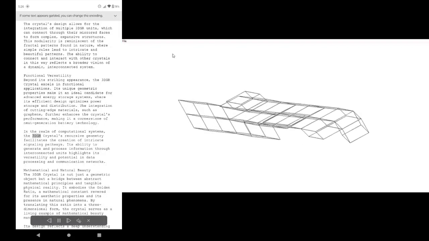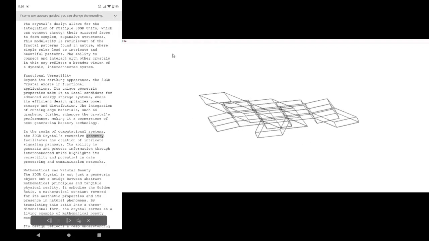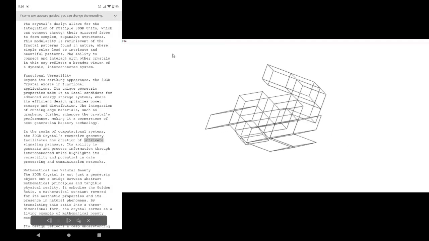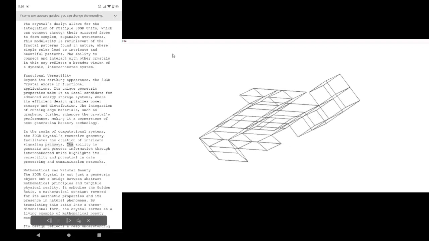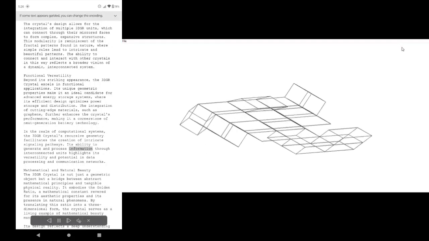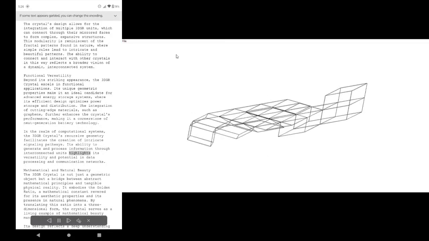In the realm of computational systems, the 3D-GR crystal's recursive geometry facilitates the creation of intricate signaling pathways. Its ability to generate and process information through interconnected units highlights its versatility and potential in data processing and communication networks.